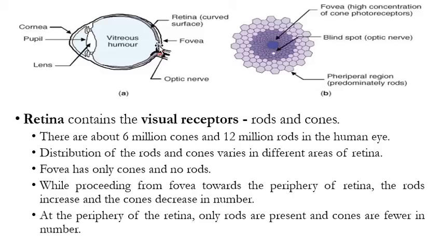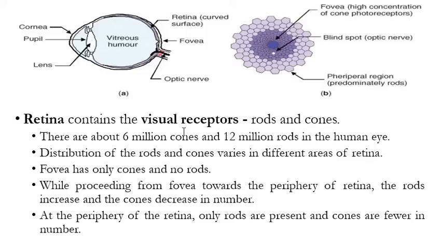This has more of cones, and then we also have a blind spot, okay, where there's no cones. It's a small area where the optic nerve goes through.